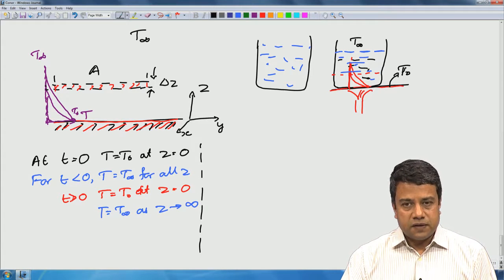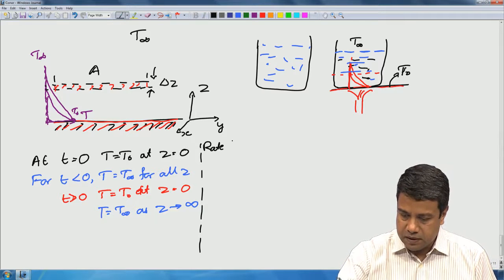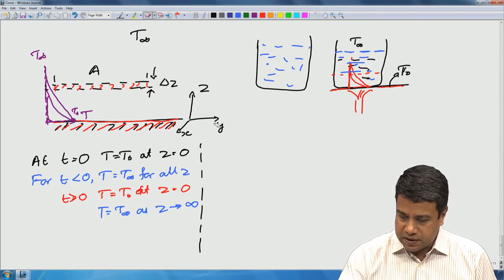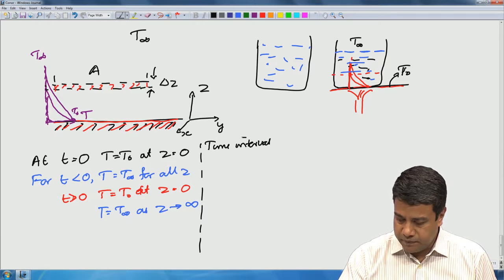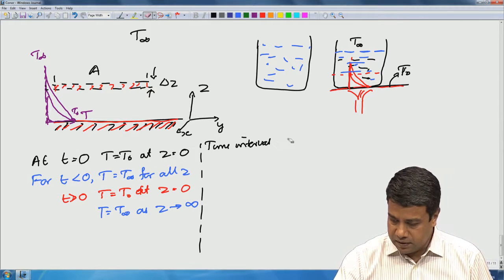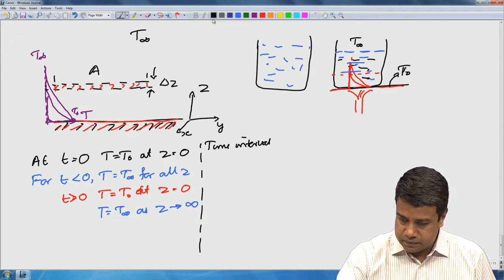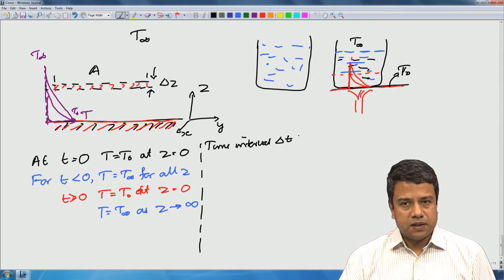Now, what is the rate of change of energy? Let us consider a time interval delta t. Within this time interval, what is the change in energy?